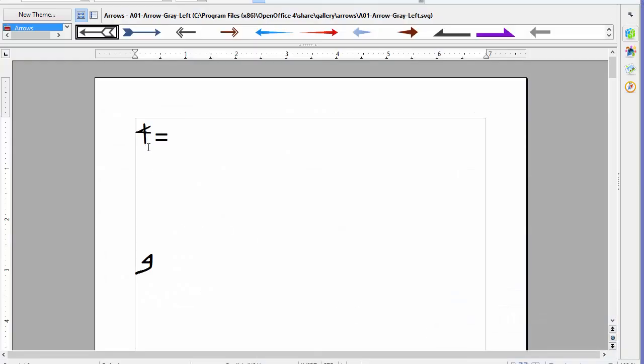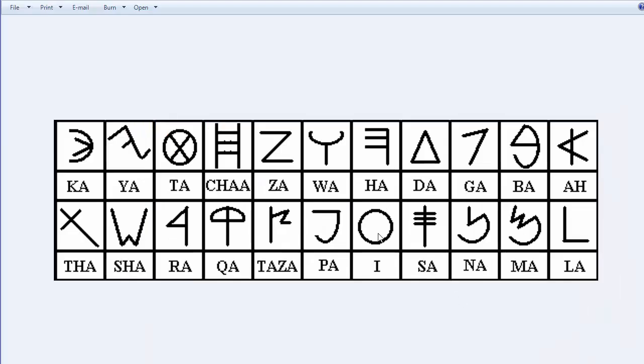Okay, so the first letter in the Hebrew alphabet is ah, and it's pretty much just pronounced ah, and that's pretty much how you pronounce every letter in the Hebrew alphabet, except for the I. You have the I here, that's the only letter in the Hebrew alphabet that's pronounced differently from the other ones.